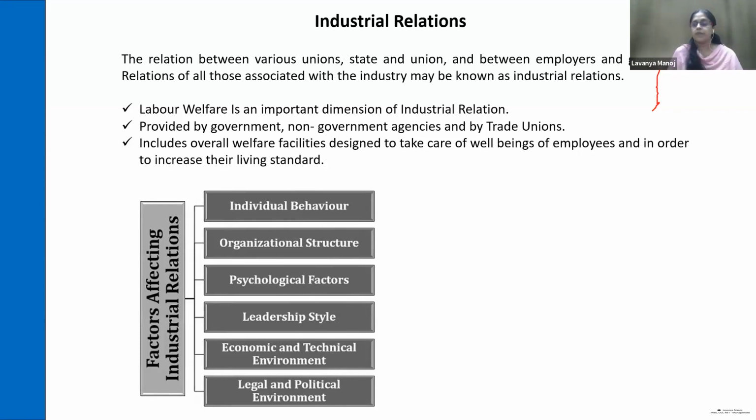Psychological factors also affect leadership style, that is the boss's leadership style. Then the economic and technical environment, and the legal and political environment: the presiding government right now also decides the fate of the employees.